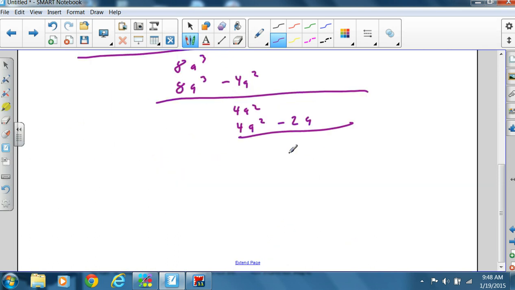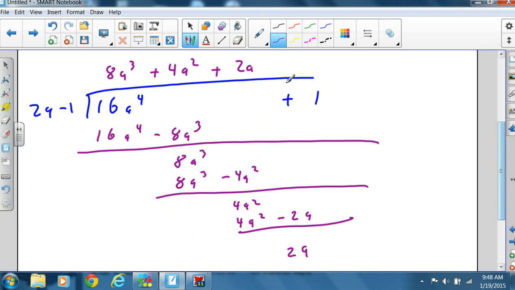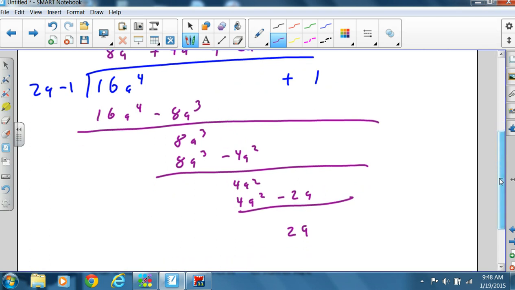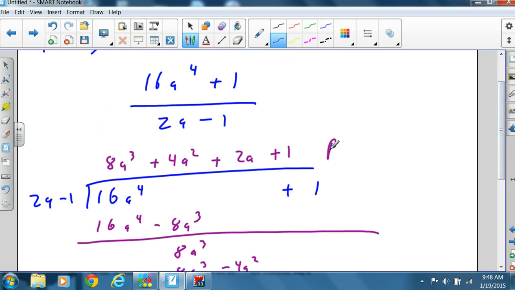I subtract, and I get 2a. Alright, I'm going to go in there plus 1 time. I get 2a minus 1. I subtract, and I get a 2. So 1 minus a minus 1 gives me a 2. So I got a remainder of 2. Okay, good enough?